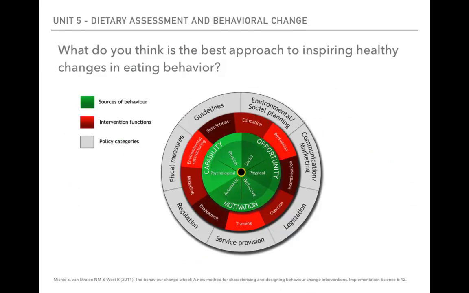In 2011, the behavior change wheel was developed to classify various targets for behavioral change. And you can target policies that affect the behaviors of populations of people. We've talked about the nutrition facts label, sugary sweetened beverage taxes, and the USDA's dietary guidelines put forth every 5 years.